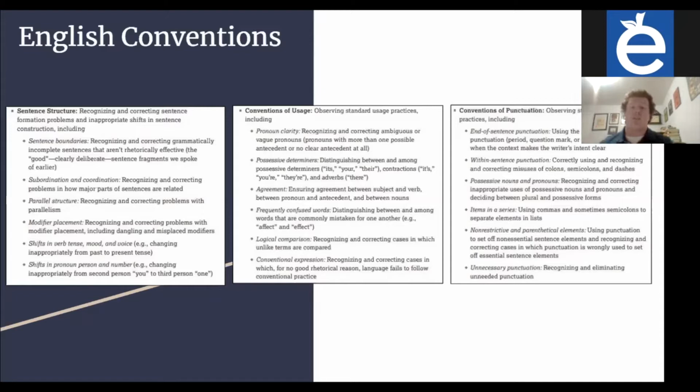And then we have conventions of punctuation, like those examples I gave before about end of sentence punctuation, within sentence punctuation, whether apostrophes are possessive or not, items in a series, non-restrictive or parenthetical elements, or unnecessary punctuation.